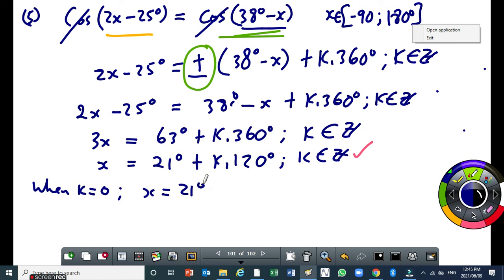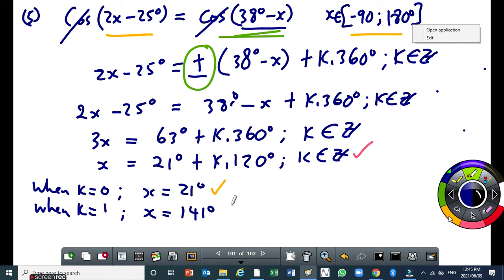So this value here is between minus 90 and 180. If I put k equal to 1, I'll get x equal to 141 degrees, which is also within this interval.